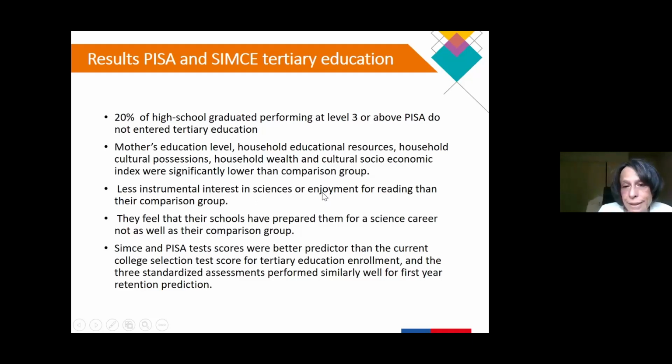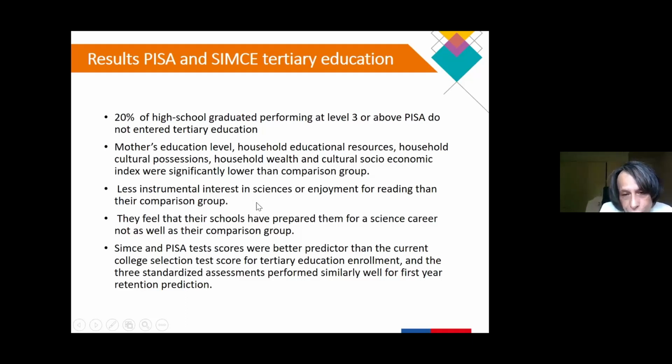So this gives us some ideas of how to try to engage those students that do not have the interest to enter tertiary education, but do have the capability to do so. They feel that their school has prepared them not as well as their comparison group.